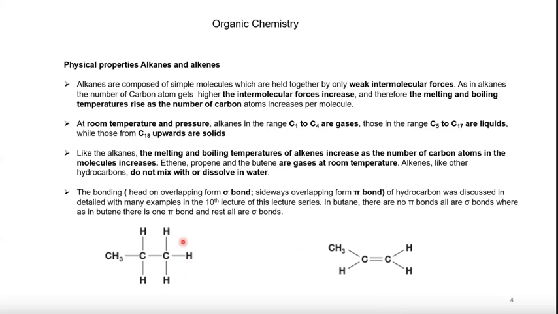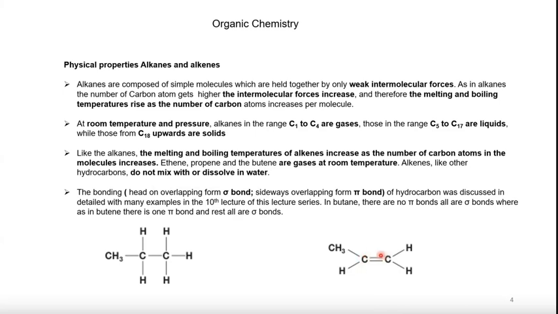And in alkanes, it's a saturated hydrocarbon, carbon and hydrogen bonds are always sigma bonds. And in alkenes, we do have a double bond, and here we also get a pi bond. Pi bond is not in saturated hydrocarbon, but we do get it in unsaturated hydrocarbon. So pi bond is the sidewise overlapping of atomic orbitals.